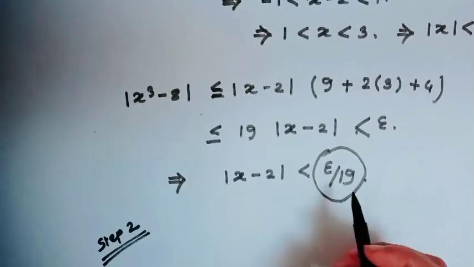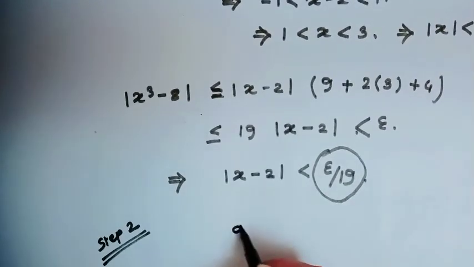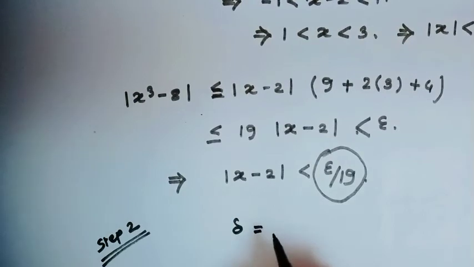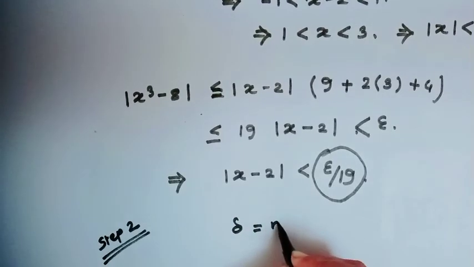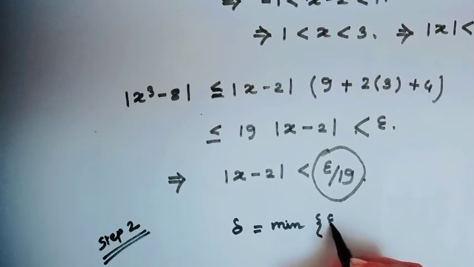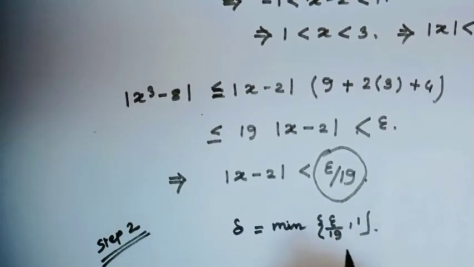That means we choose delta equal to the minimum of epsilon over 19 and 1.